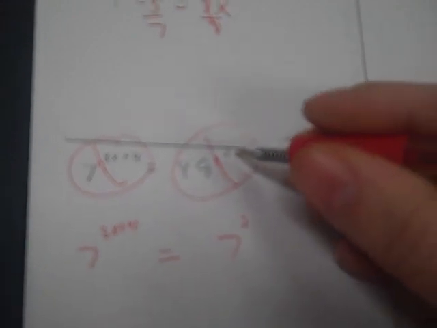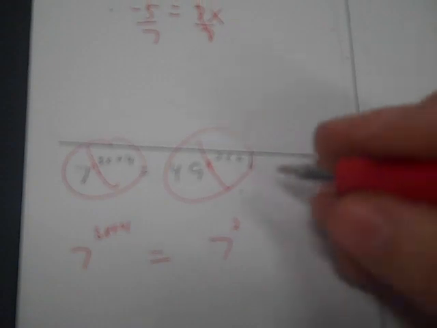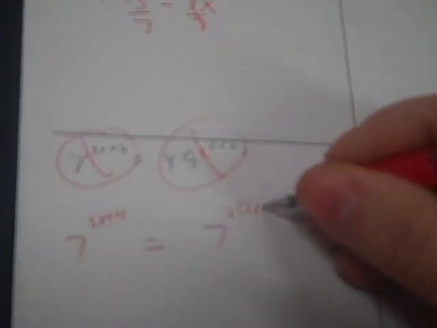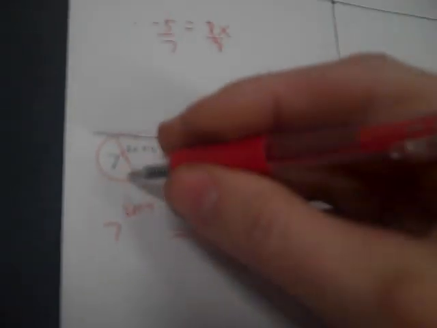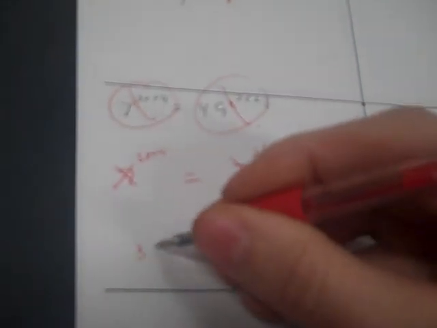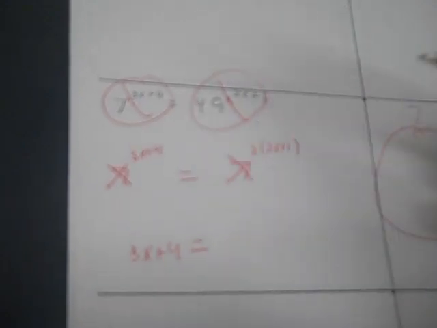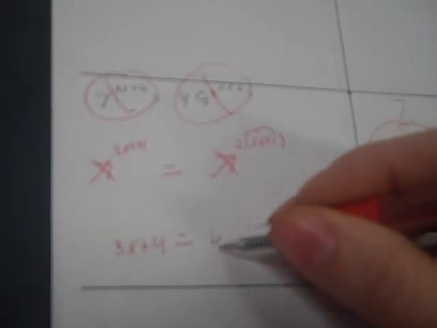This here is, again, 7 to the what power? 2. Because 7 to the second is the same as 49. But now I put the original exponent behind it. And we can cancel the 7s. And now I just end up with an easy linear equation. So I have 3x plus 4, and then that's going to be 4x plus 2.